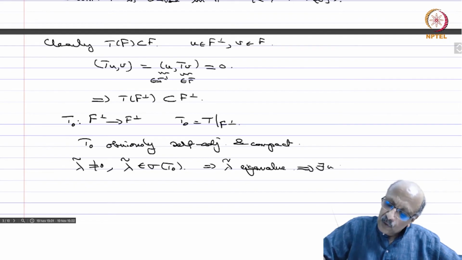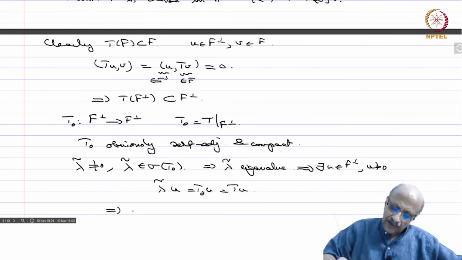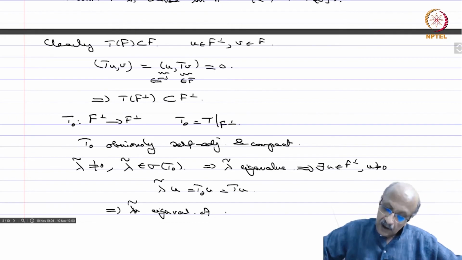This implies there exists u in F perp, u not equal to 0, such that lambda tilde u equals T_0 u, but T_0 is the same as T. So lambda tilde is an eigenvalue of T also.